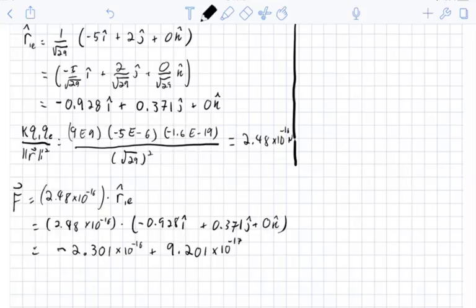So that's in the i hat direction, that's in the j hat direction, and it's 0 in the k hat direction. Okay, so that's how to do the first half of this problem.